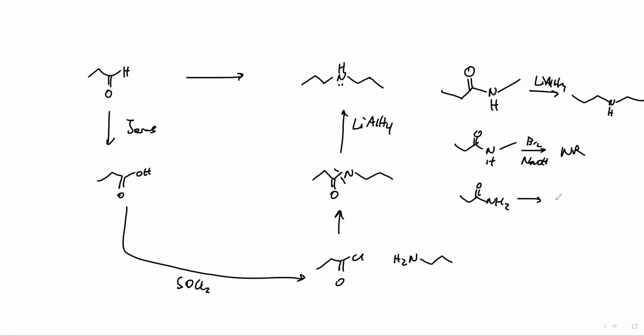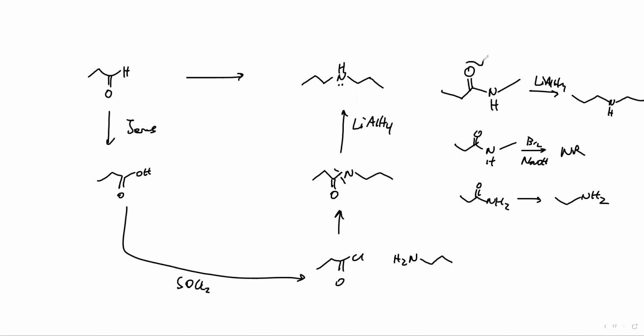Also keep in mind that when we do this reaction, we are going to lose a carbon, because we go 1, 2, 3 to 1, 2. Again, the whole acyl group is converted into an amine. Here, the only thing that's going on is this. In this case, we're just getting rid of the carbonyl.